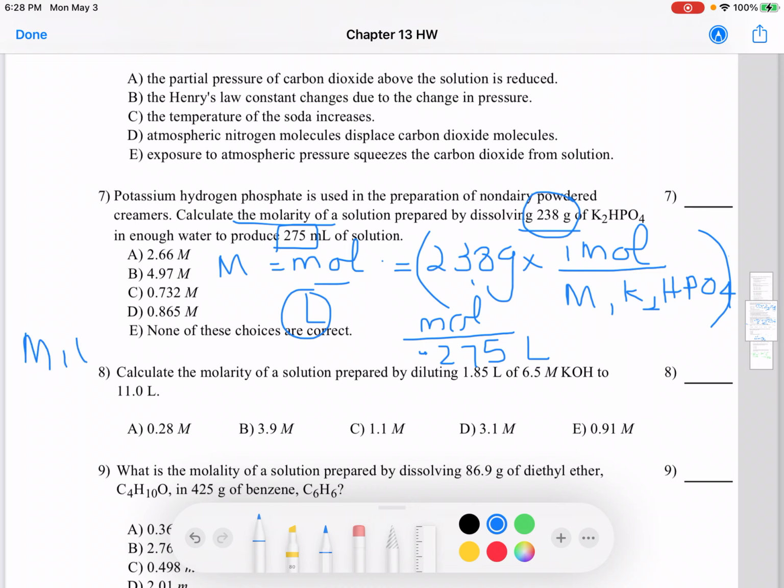Remember we use this. You can consider your M1 as 6.5 molar KOH, and V1 as 1.85. V2 would be 11, and then you can find out M2, the concentration.